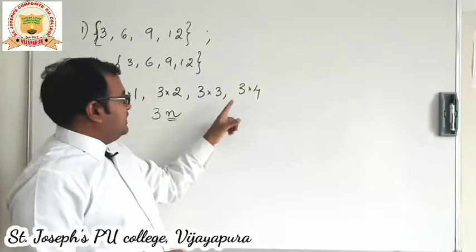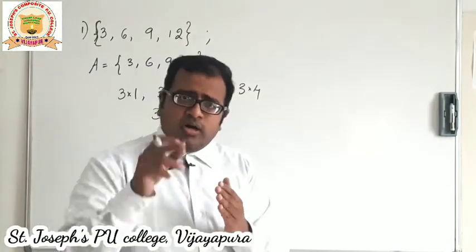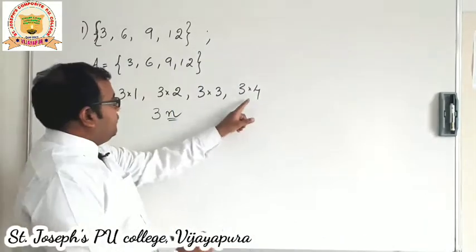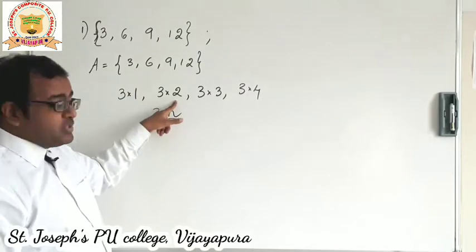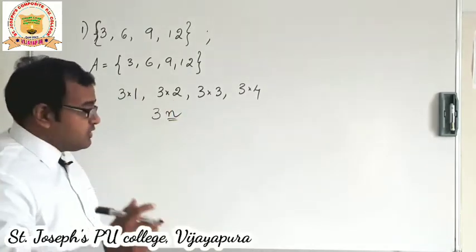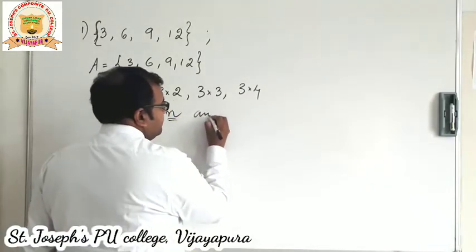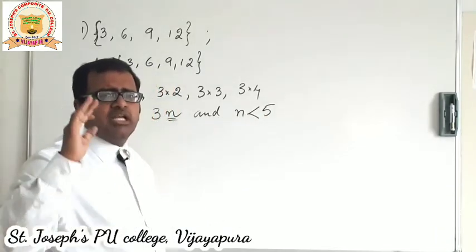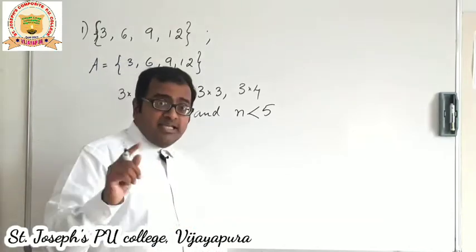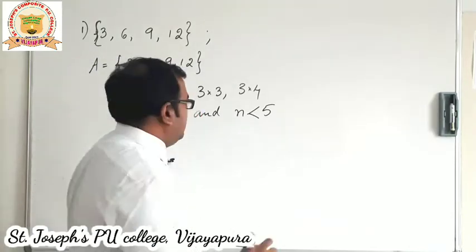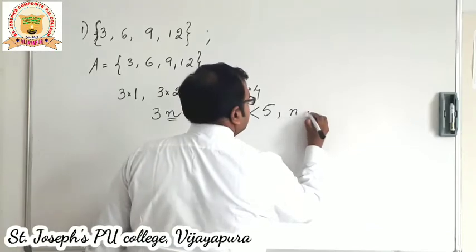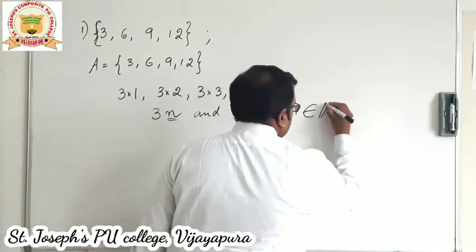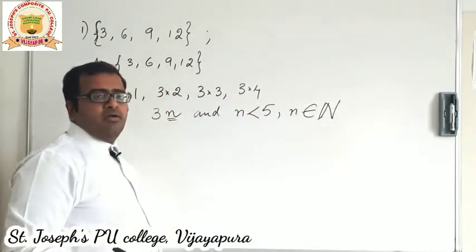We have 1, 2, 3, 4 which are lesser or equal to 4, or you can strictly say that they are all lesser than 5. See, 4 is lesser than 5, 3 is lesser than 5, 2 is lesser than 5, 1 is lesser than 5. So you can say n should be strictly lesser than 5, and at the same time n should be a natural number. So you can say n epsilon, which means belongs to natural numbers, right?